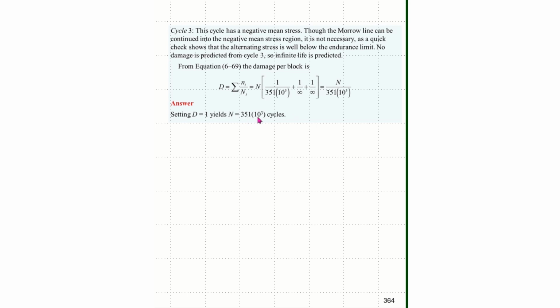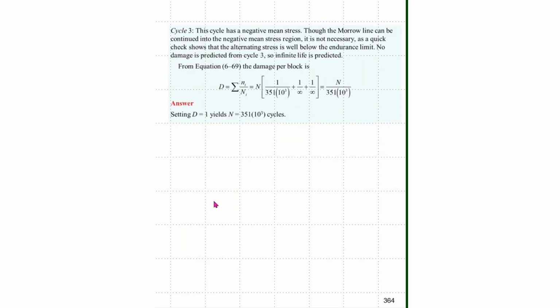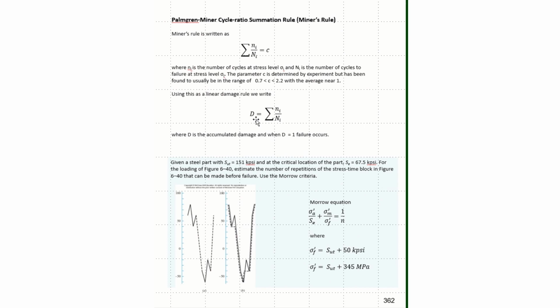So my part, given this load cycle shown here, would be able to experience 351 times 10 to the third cycles. So hopefully this shows you how we use Miner's rule and the cumulative fatigue damage idea to estimate the number of cycles.